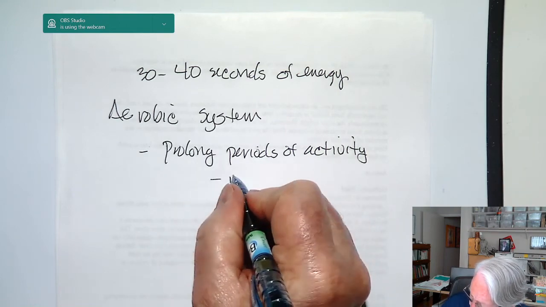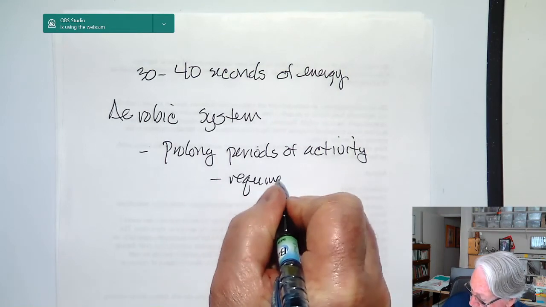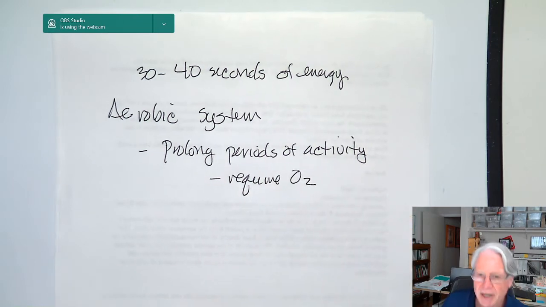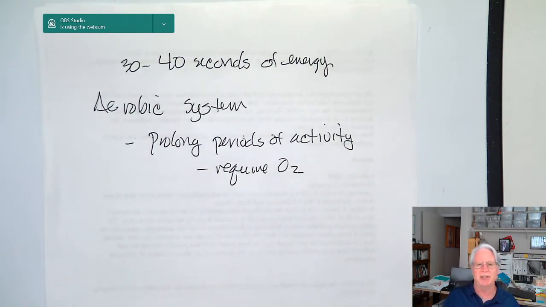And that's going to require oxygen. And again, I emphasize, in order to deliver that oxygen, heart rate has to increase, breathing rate has to increase, and that oxygen has to be delivered to your cells. So what we're talking about here is this ability to run marathons and long distances, okay?